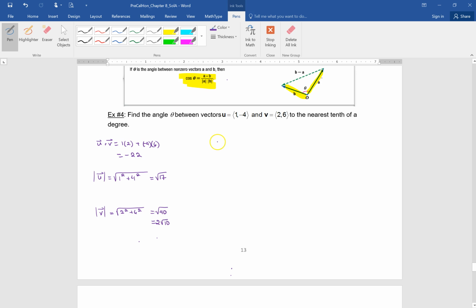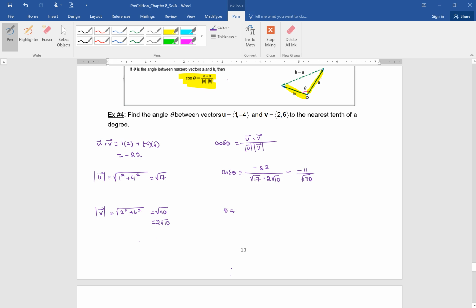So now we need the angle. Well, cosine of theta is U dot V over the magnitude of U times the magnitude of V. So cosine of theta is negative 22 over root 17 times 2 root 10. So really this is negative 11 over root 170. And we take the inverse cosine of this.